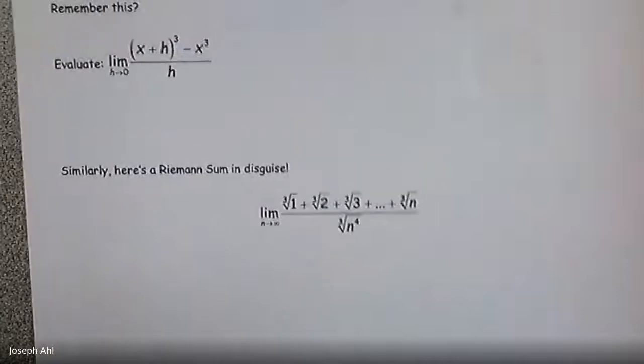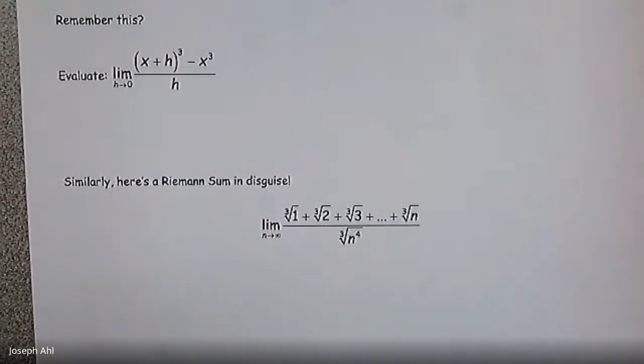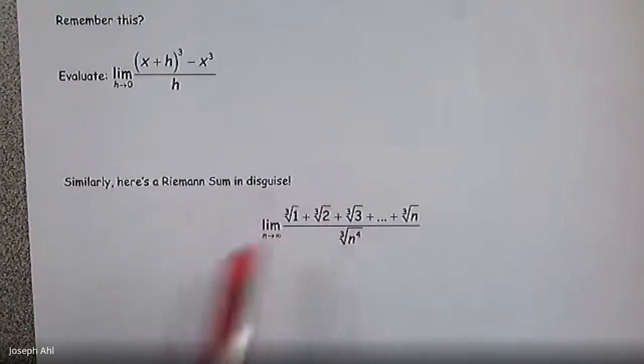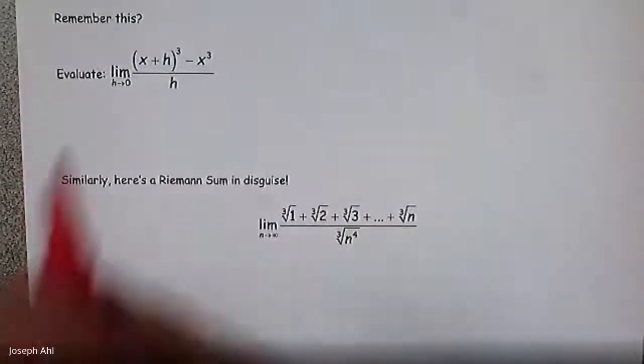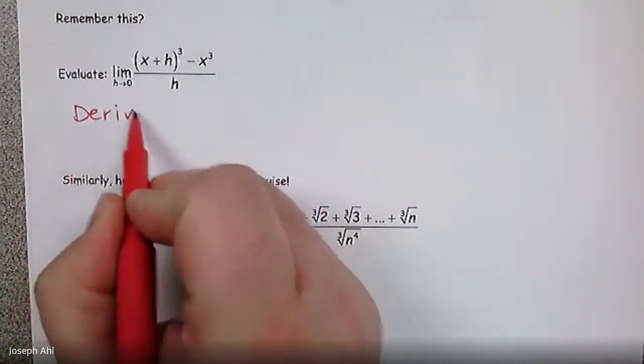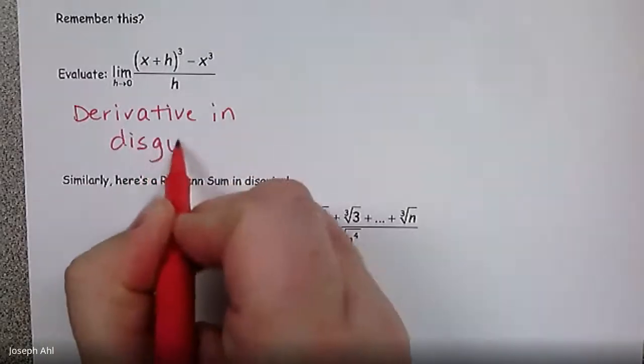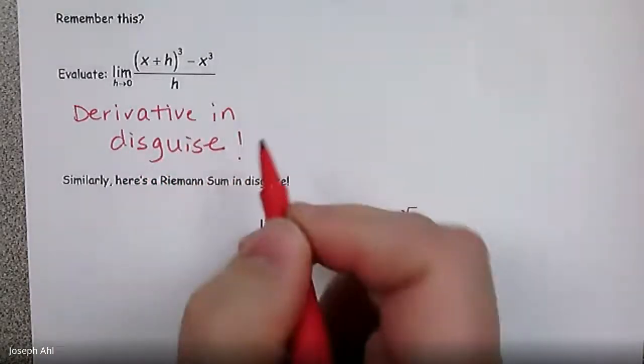What we're going to kind of wrap things up with today is looking at what is known as a Riemann sum in disguise. And we should know how to do a Riemann sum in disguise based on the fact that we know how to do, this is really a derivative in disguise, isn't it? We've done this somewhat recently. What derivative is this in disguise?